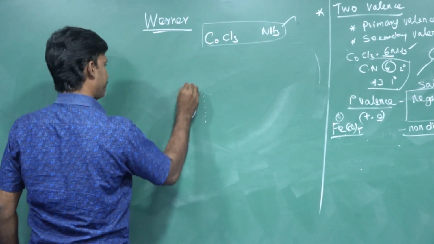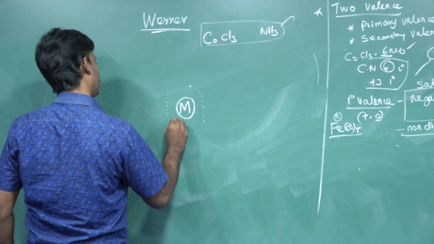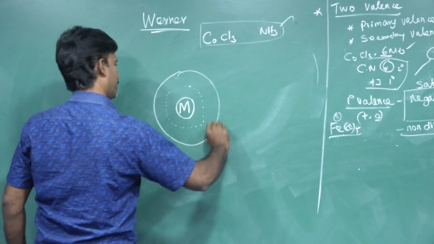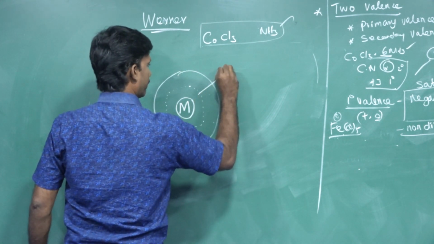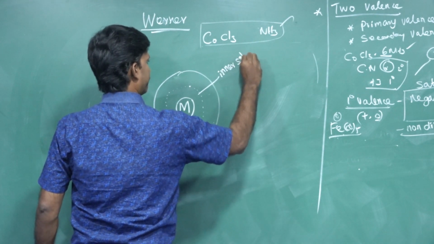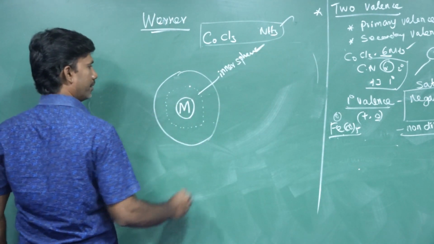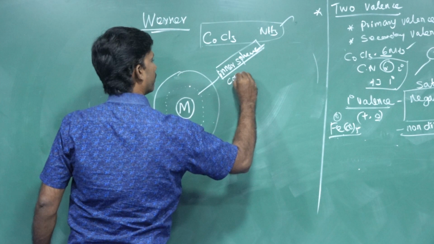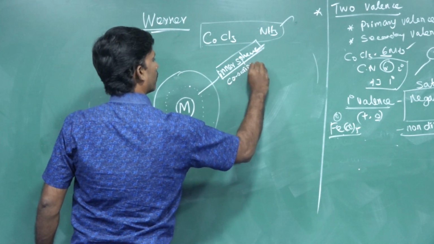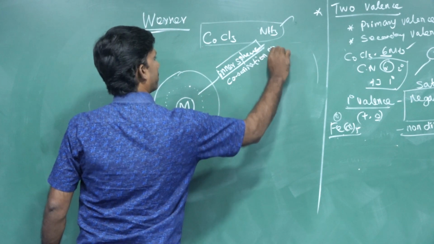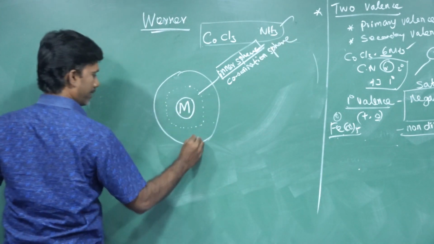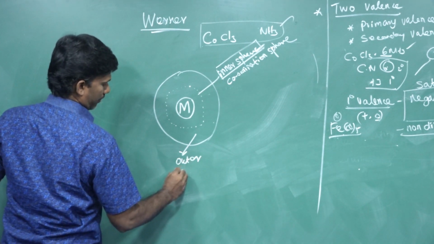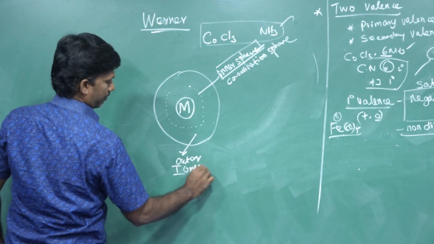One sphere is called the inner sphere, otherwise the coordination sphere. The other one is the outer sphere, otherwise the ionization sphere.